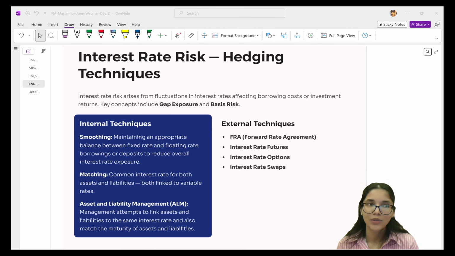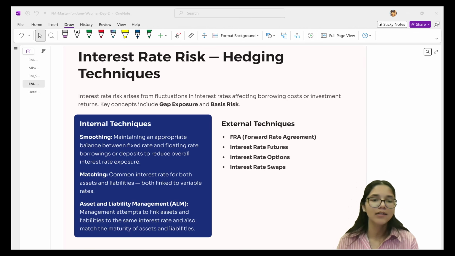So with asset and liability management, if my asset is for 6 months, I've created an FD for 6 months, then the loan that I will be taking will also be for a period of 6 months. So this is the main difference. Matching is the same, but when I am matching the maturity also, then it is called asset and liability management. So these are the internal techniques how a company can manage their interest rate risk.